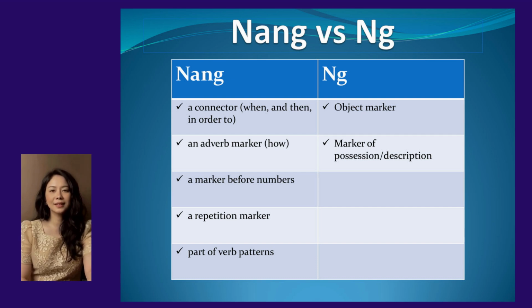While nang, NG, has only two main jobs, and that is as an object marker and as a marker of possession and description. The table illustrates the difference between the nang and ang versus the nang ng.